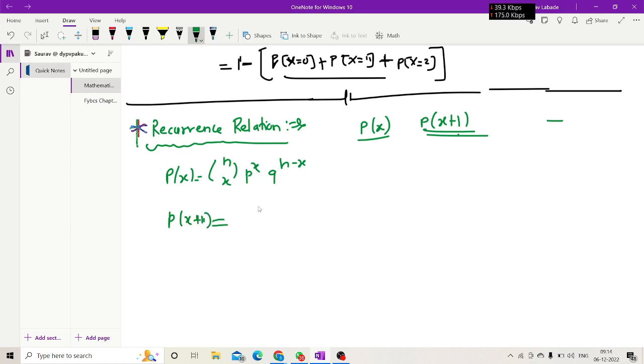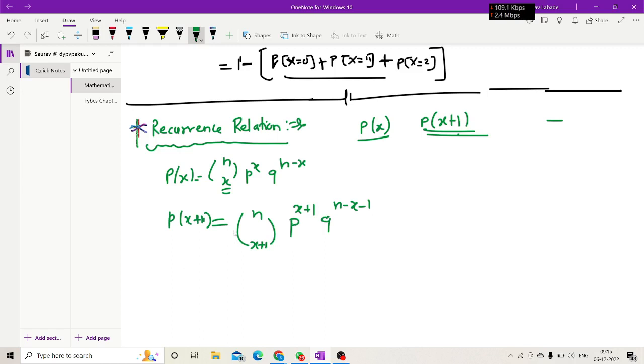Instead of x, I substitute x plus 1. So this will be nC(x+1) p^(x+1) q^(n-x-1). That is the probability of x plus 1.